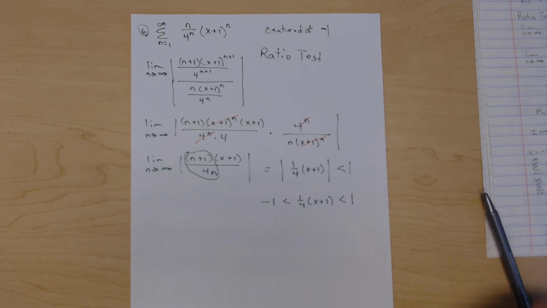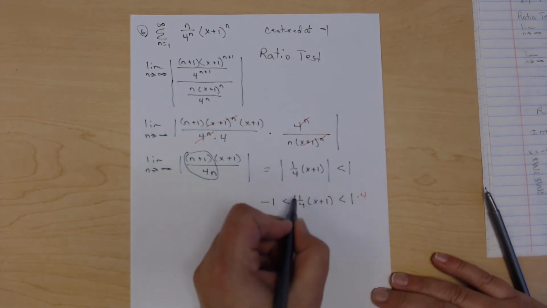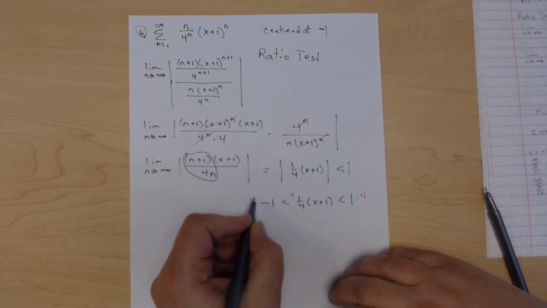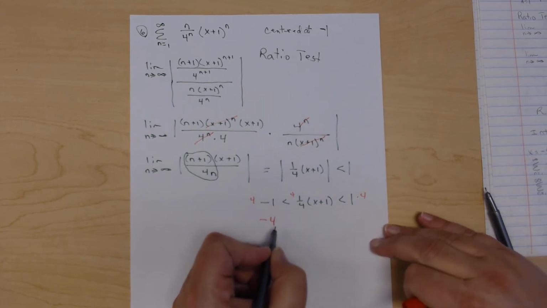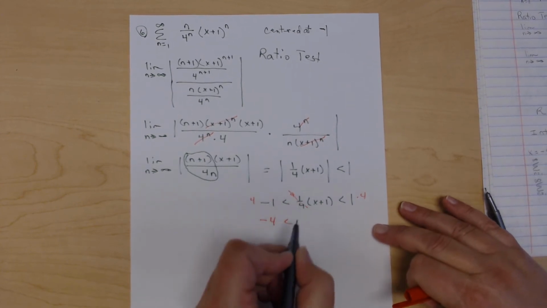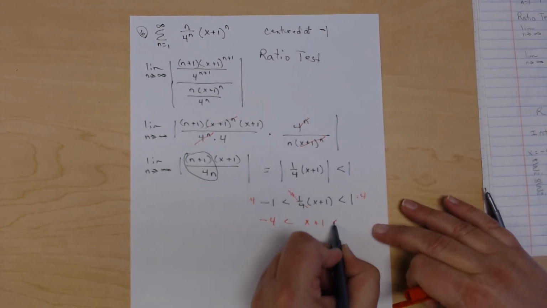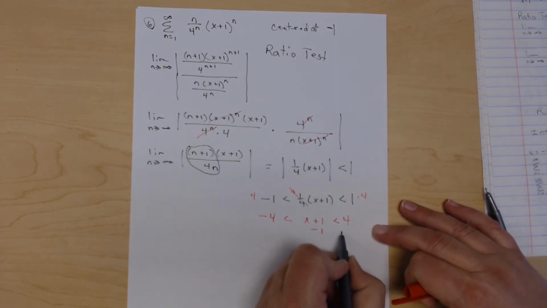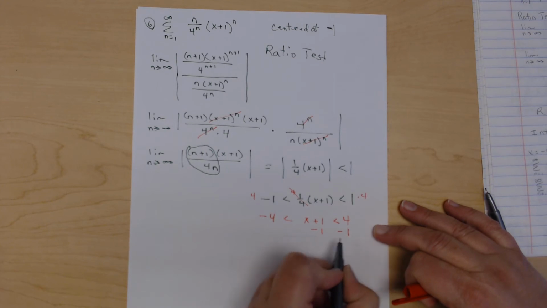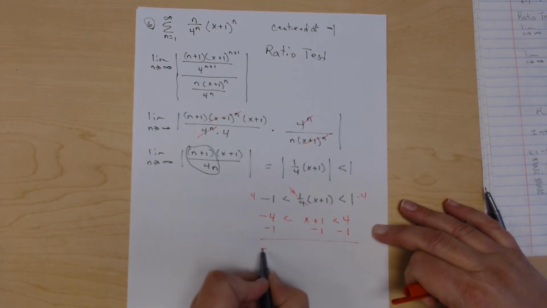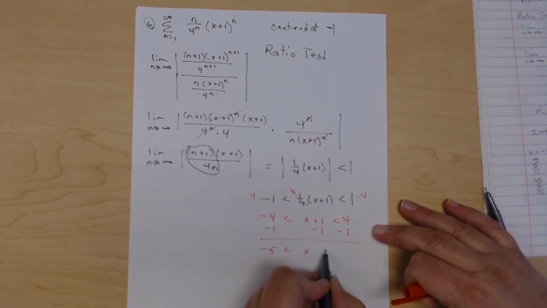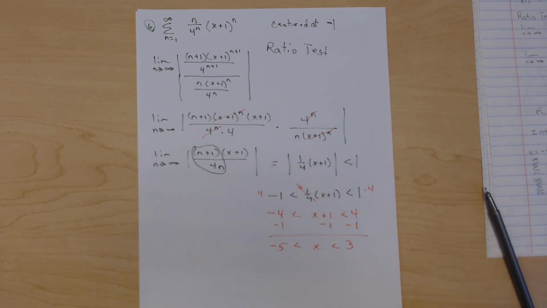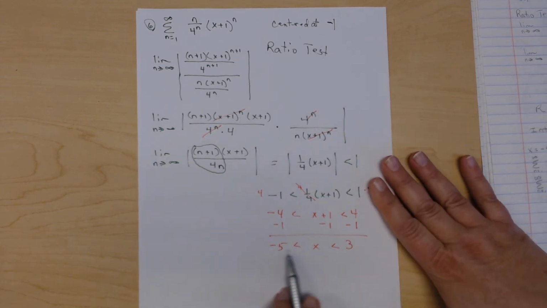So I'm going to multiply everything by 4. So I get -4 less than x plus 1 less than 4. Subtract a 1. And I get -5 less than x, which is less than 3. Okay, so that's my interval.